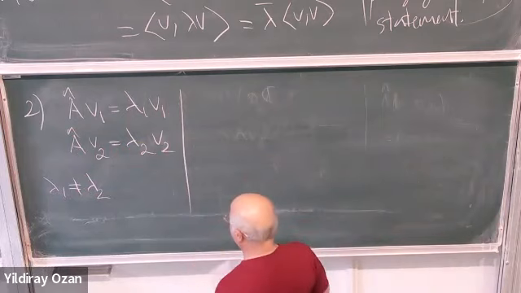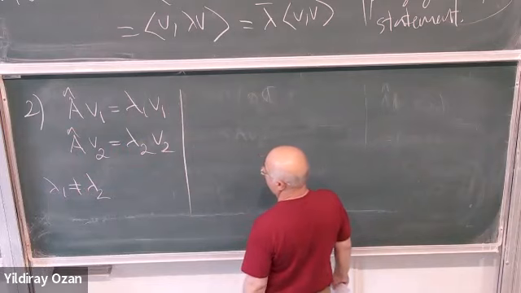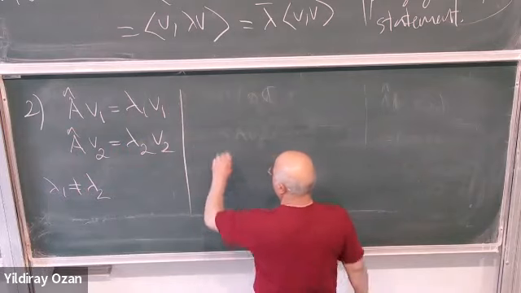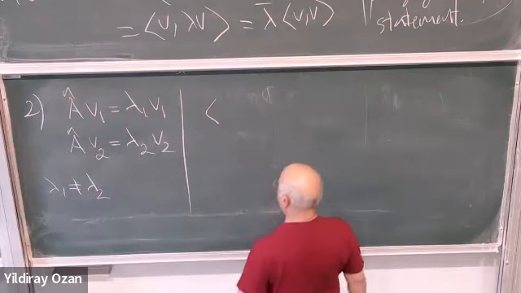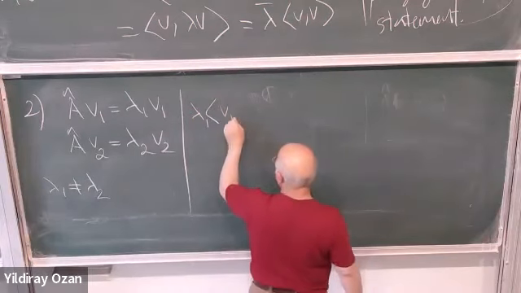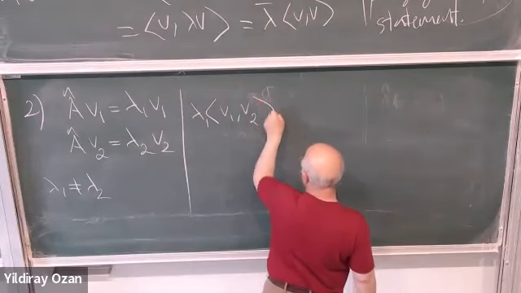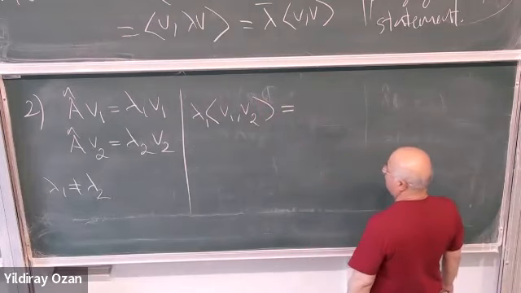Well, then let's just consider this gadget: lambda 1 times the inner product of V1 and V2.